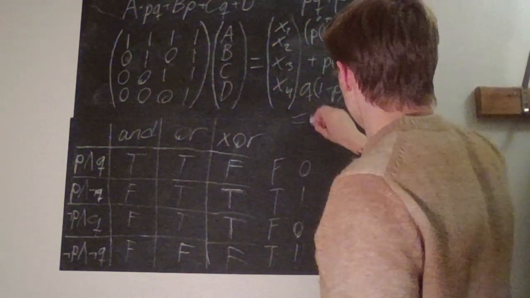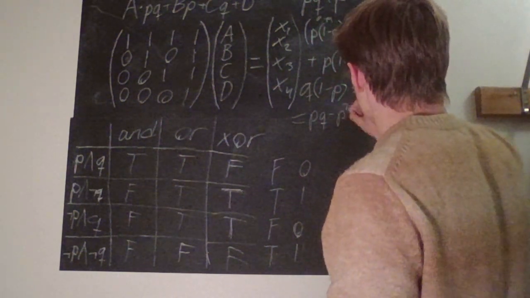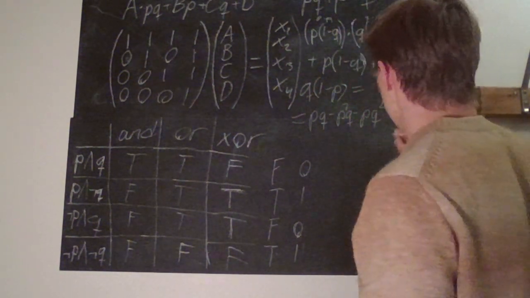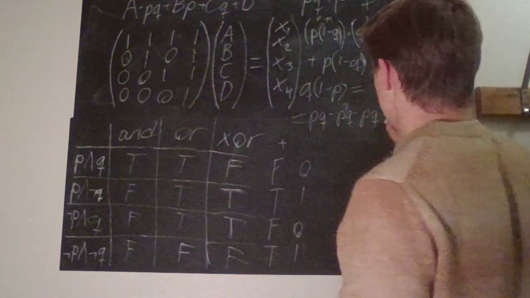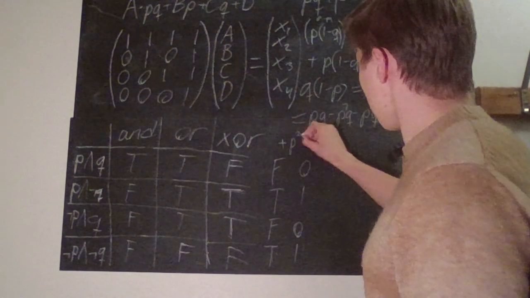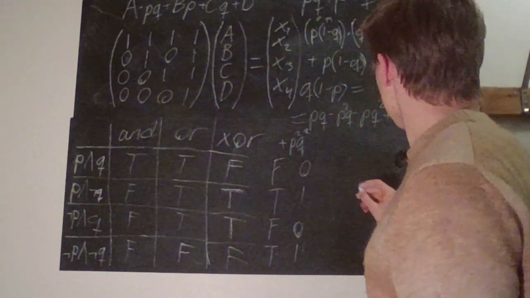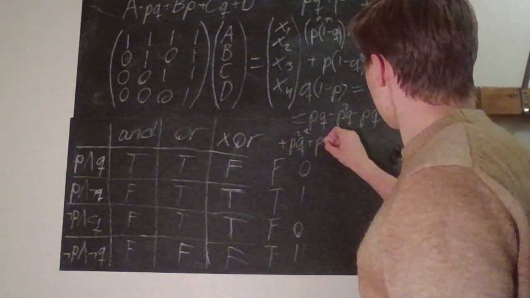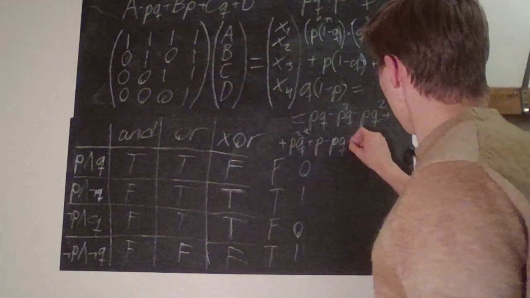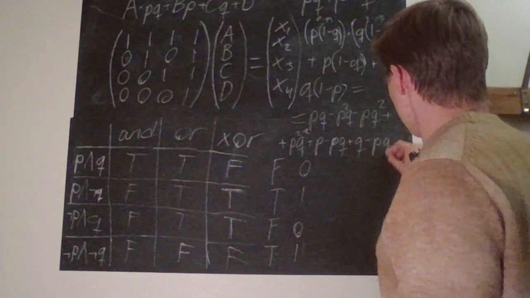Okay, so we should get a pq minus p squared q minus pq squared plus q squared, p squared plus q squared plus p minus pq plus q minus pq.